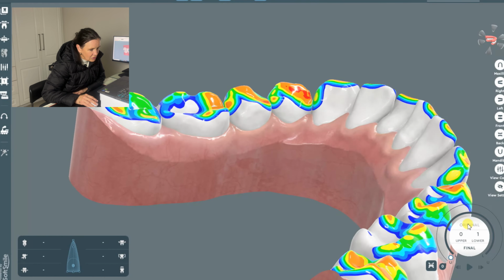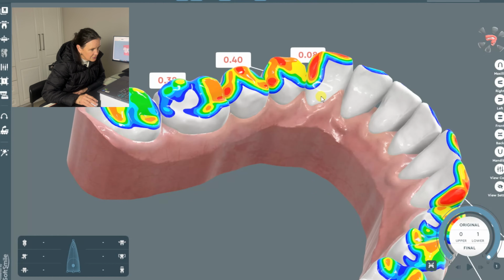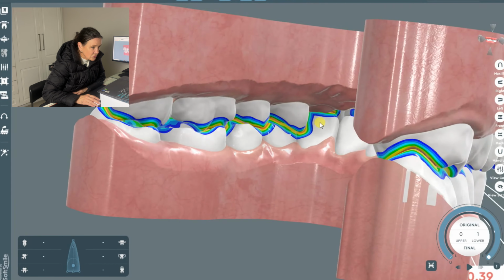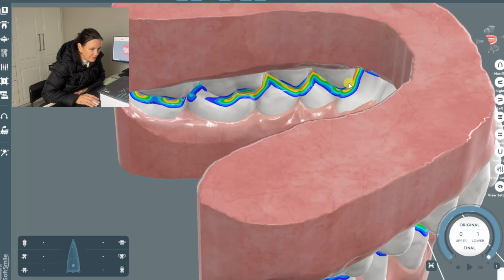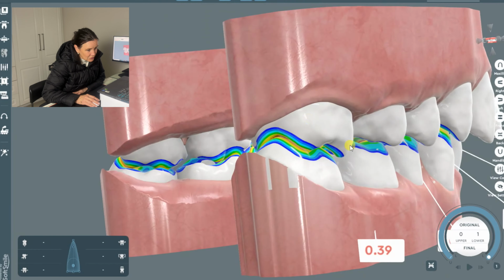Again, red, hard. Also, and there, that canine there is definitely a problem. The mesial aspect of the 4 hitting on the canine, that's going to cause trouble.